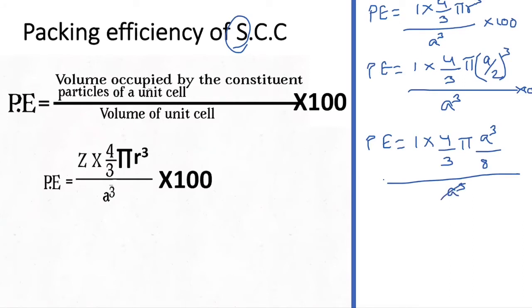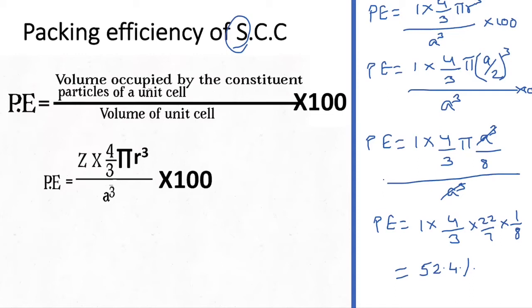Now a cube gets cancelled, and pi is 22 by 7, so 1 into 4 by 3 into 22 by 7 into 1 by 8. Calculating this, we get 52.4. So 52.4% is the volume occupied by the contributed constituent sphere.